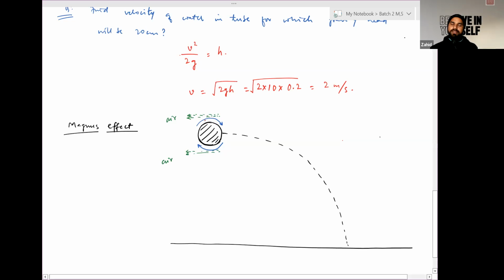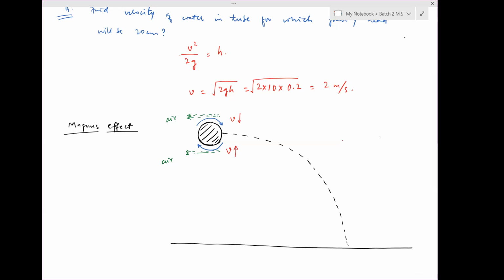Since these two velocities are in opposite direction, it will tend to decrease the velocity of this particle at the uppermost point. Suppose at the bottommost point, since velocity of spinning ball and velocity of air both are in same direction, they will add up and tend to increase its velocity. So velocity will increase. Myra, is it clear?